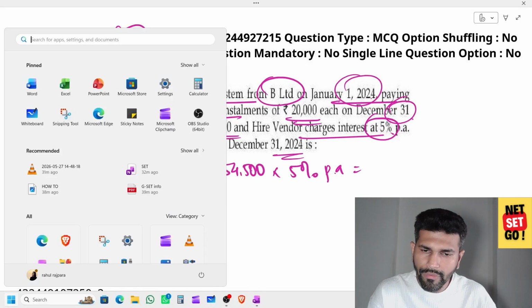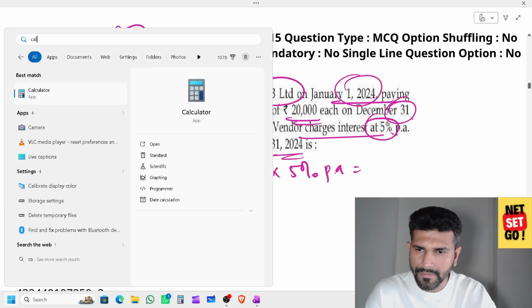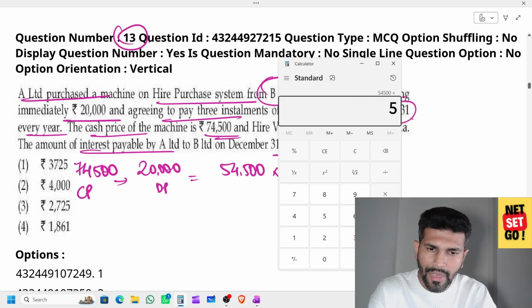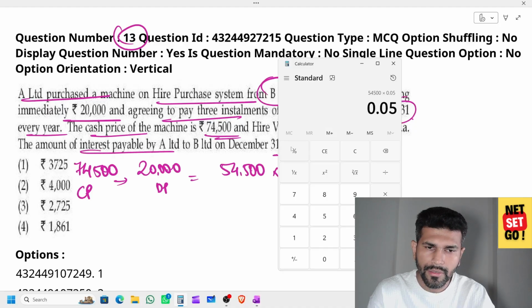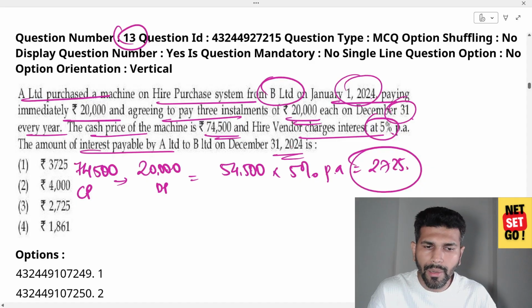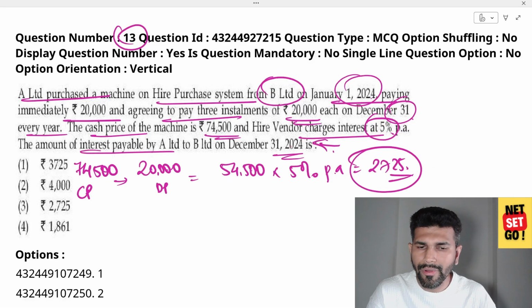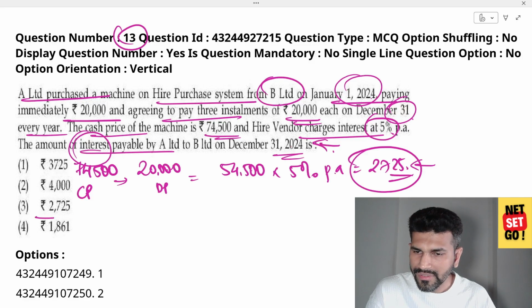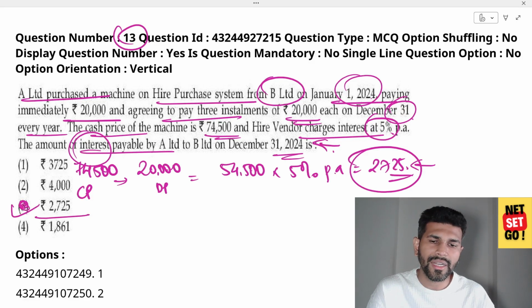So 54,500 into 5%, 2725 will be the amount of interest payable on 31st December 2024. Remember, they have asked us to identify the amount of interest payable, not EMI. So, amount of interest will be 2,725. Option 3 is correct answer.